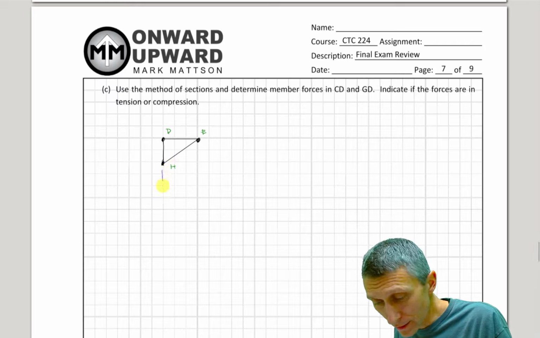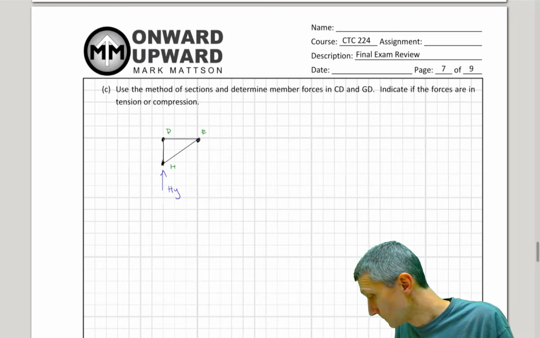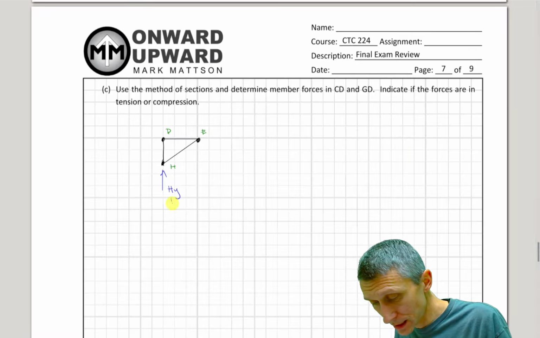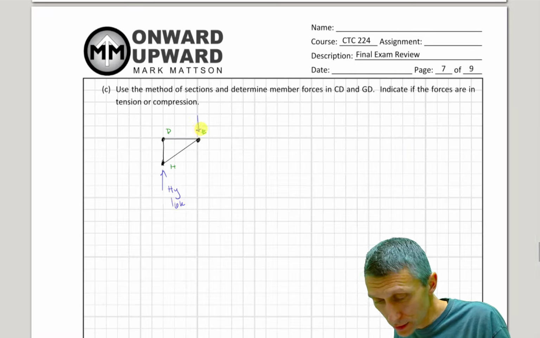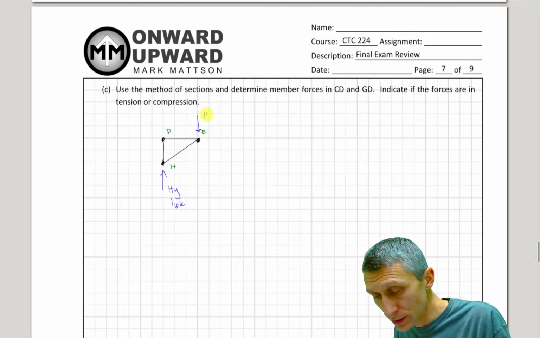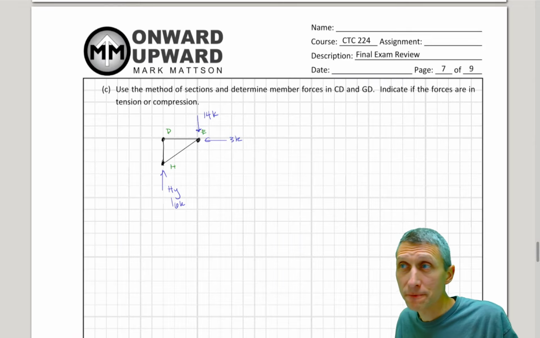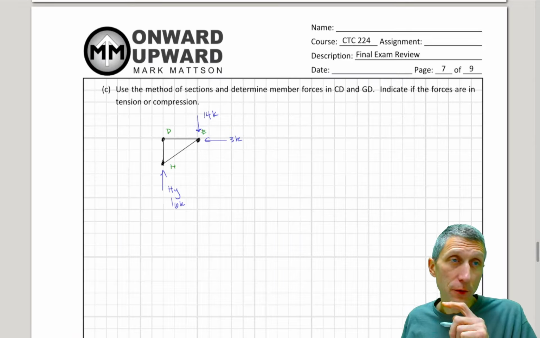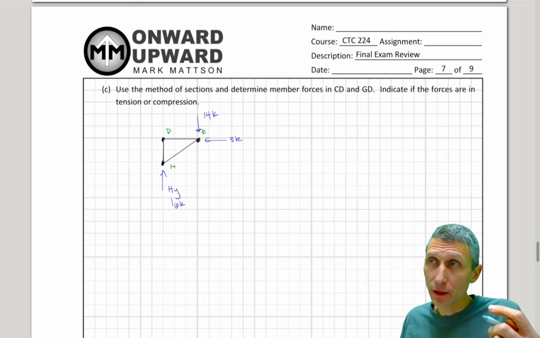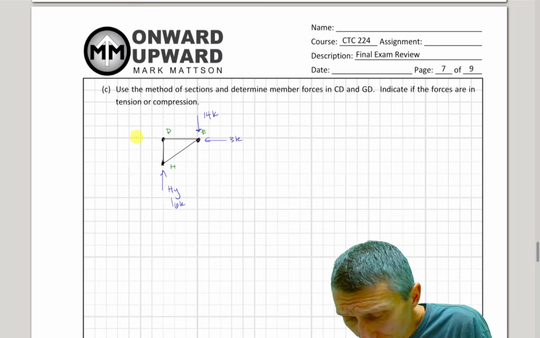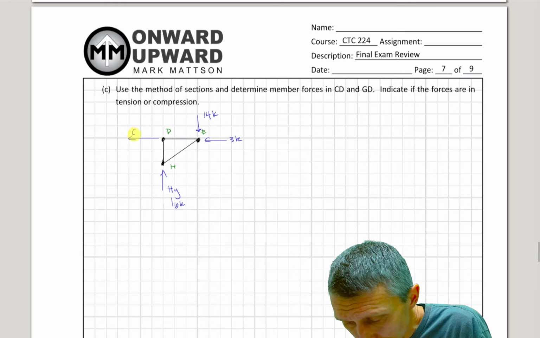I know that I have a few forces here. So HY, which was 16 kips. Okay. I also have this force down here based on the original diagram, 14 kips down. And I also have this force here, 3 kips to the left. Okay, so a bunch of forces, and looking good. Then I'm going to have some forces here. So I'm going to have CD.